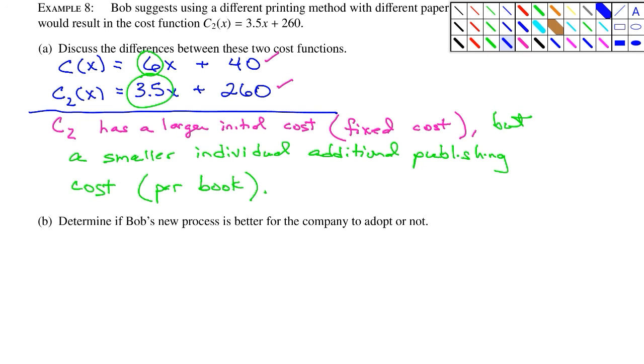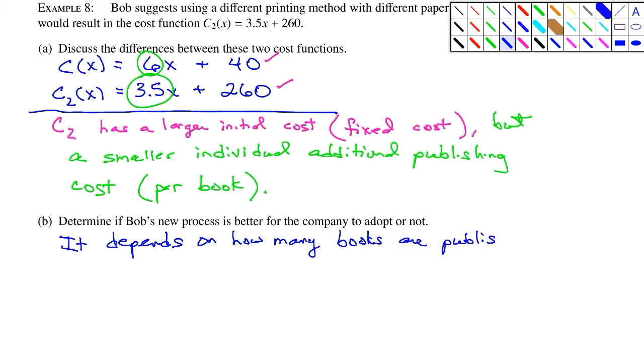All right, so hopefully you had time to work that out. And the answer, unfortunately, is, well, it depends. And what does it depend on? It depends on how many books are published. So one is better for one situation, and the other function is better in another situation.